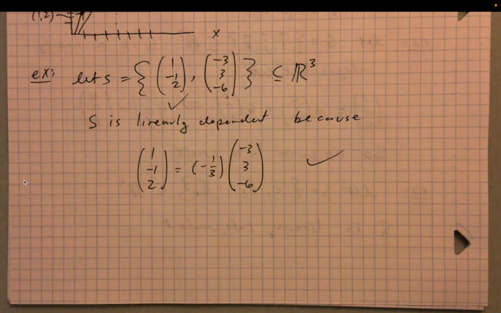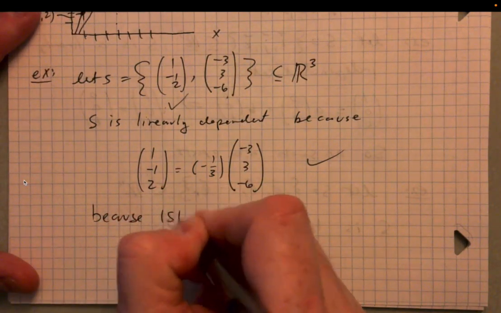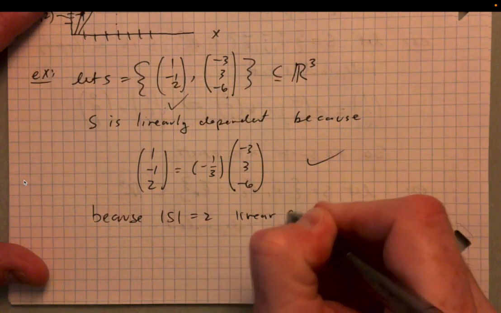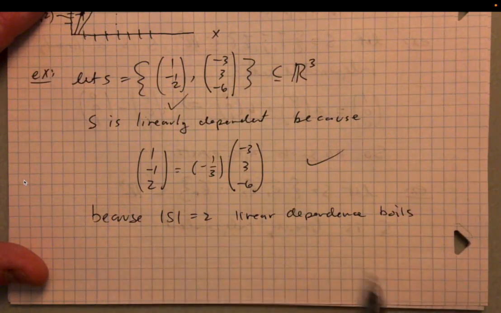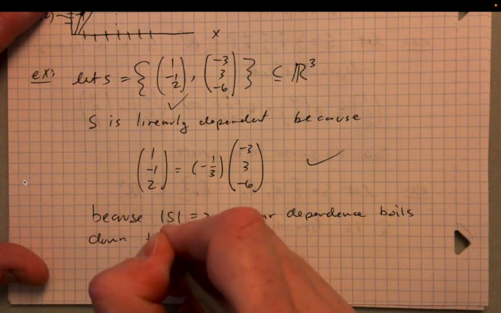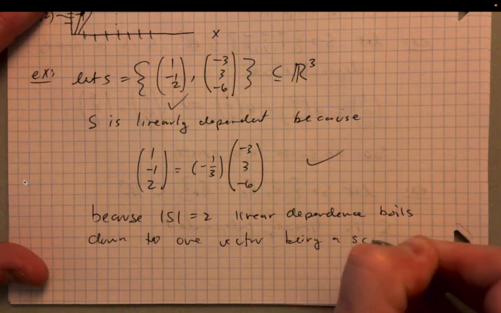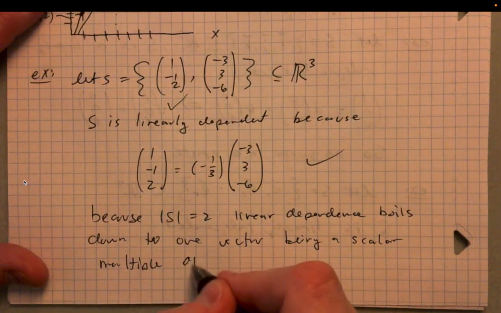Now in this case, because the size of S is exactly 2, linear dependence occurs whenever one of the vectors is a scalar multiple of the other. So linear dependence boils down to one vector being a scalar multiple of the other.